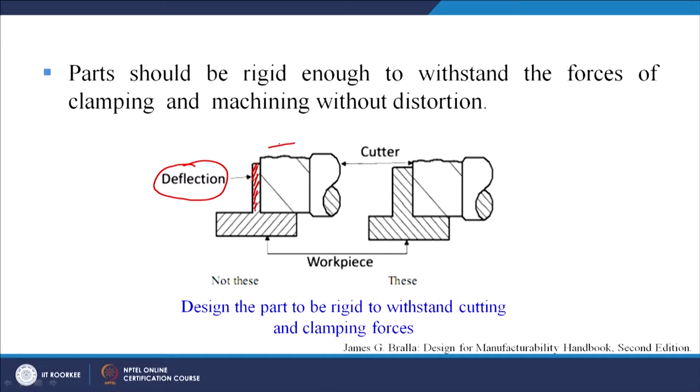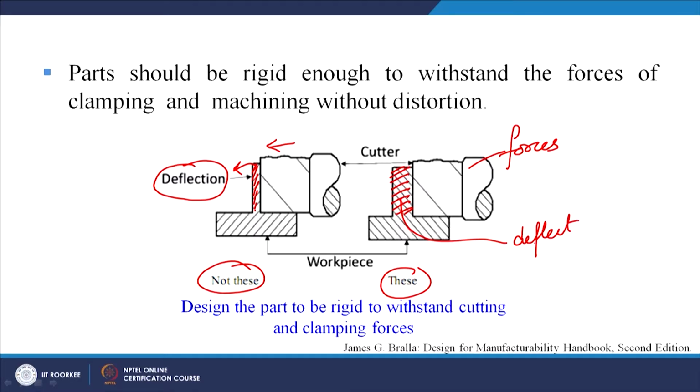When the tool acts in this direction, there may be deflection of this surface in this direction. So this can be easily avoided. This design is not recommended. So this is the better design. You can see it is a thicker section, and the forces of the tool may not be able to deflect this section.